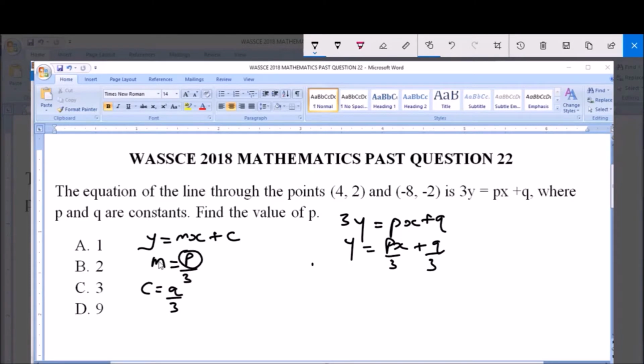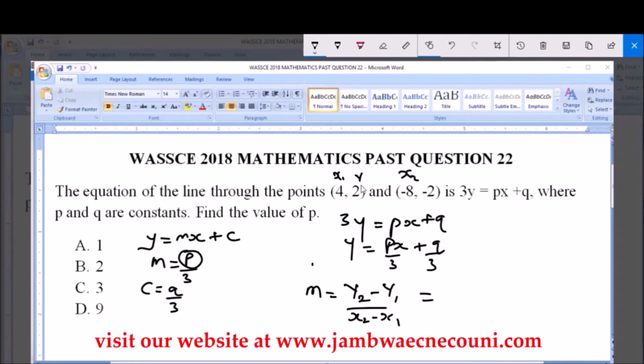So to find p, we simply find the gradient, and then from that we can get p. Now to get the gradient of this line, m is equal to y2 minus y1 all over x2 minus x1. Looking at this, our x1 is 4 and our x2 is minus 8, our y1 is 2 and our y2 is minus 2.